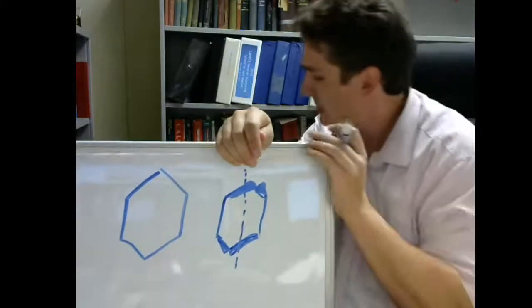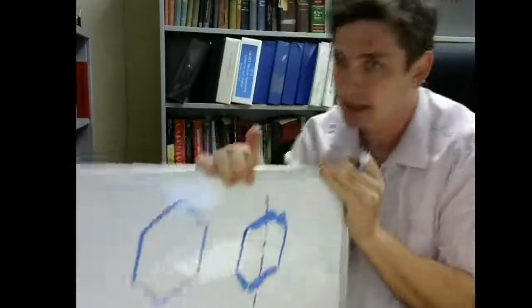Now, the bigger one is the chair conformation. The chair conformation is actually what cyclohexane exists as naturally.